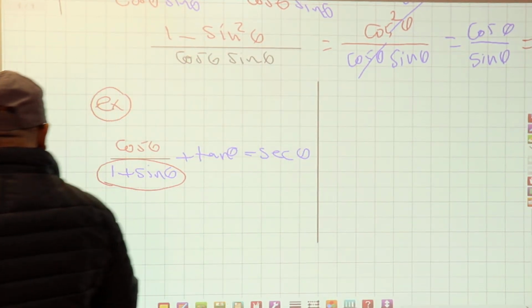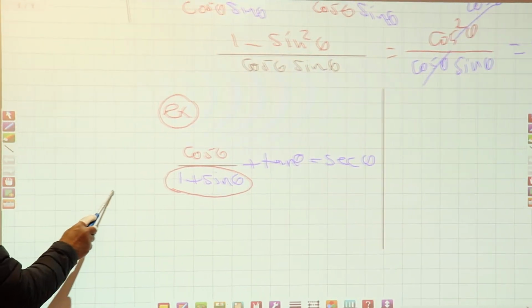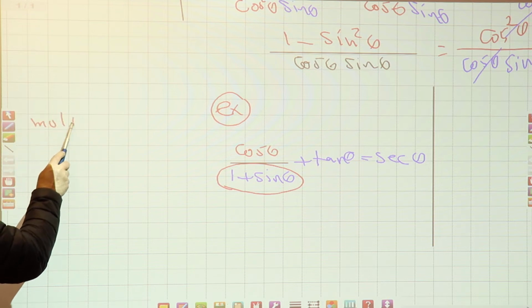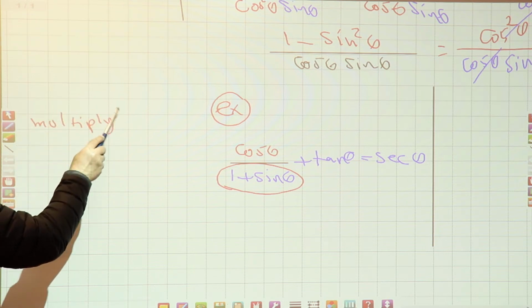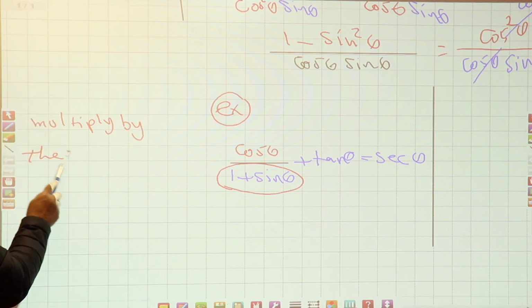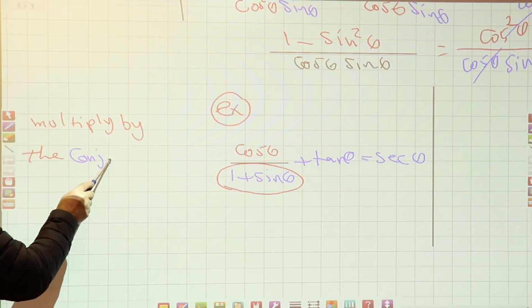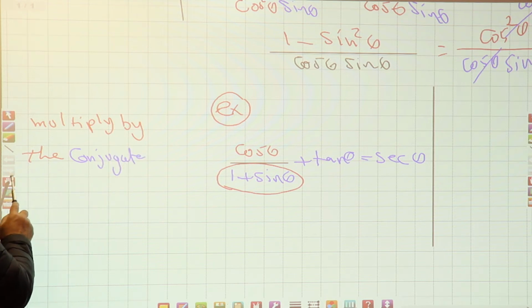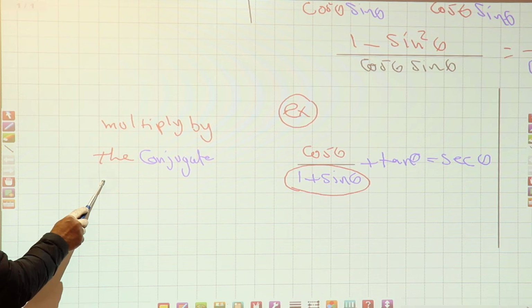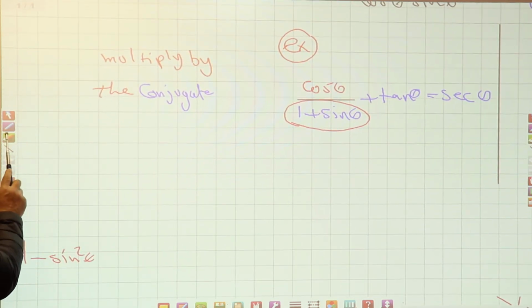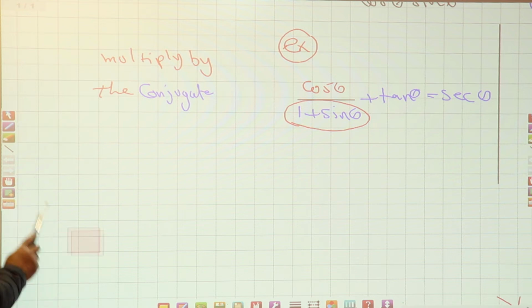We multiply by what? Multiply by the conjugate. What's the conjugate? I'm going to show you some conjugates.